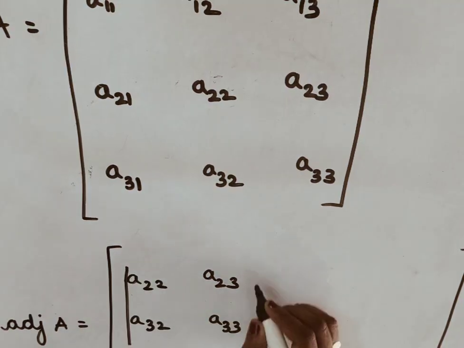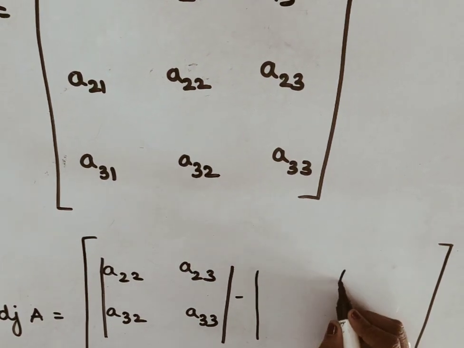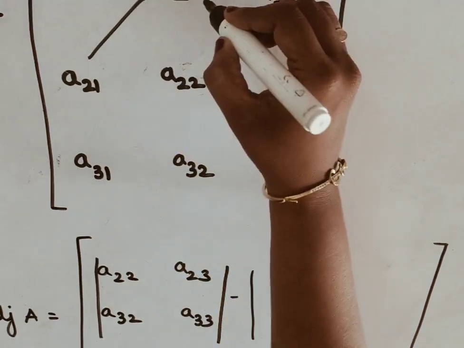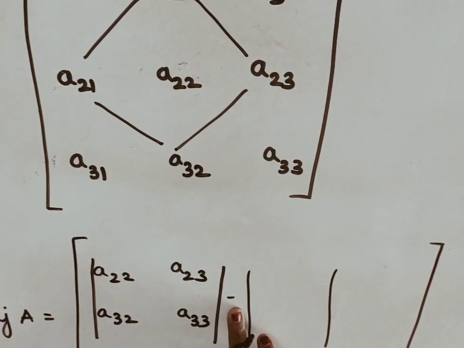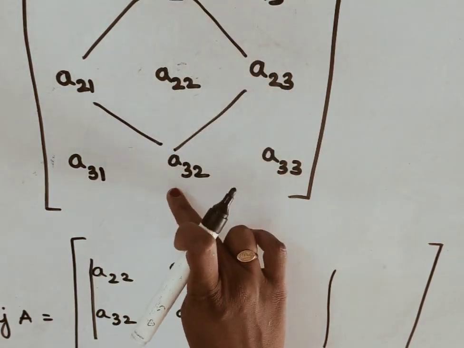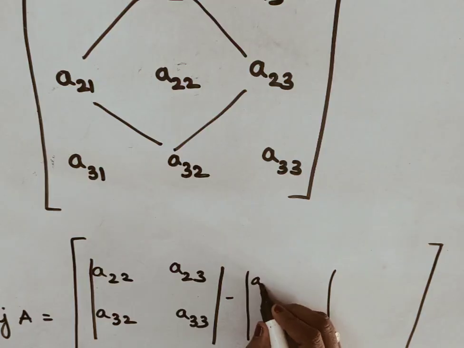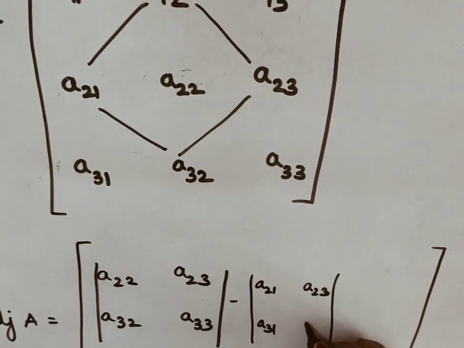This is the minor for the first term, and alternate terms will have minus. Easily we can remember this diamond shape. These terms will have a default negative sign. If I am going to consider A12, I have to eliminate this column and this row. So I will get A21, A23, A31, A33.